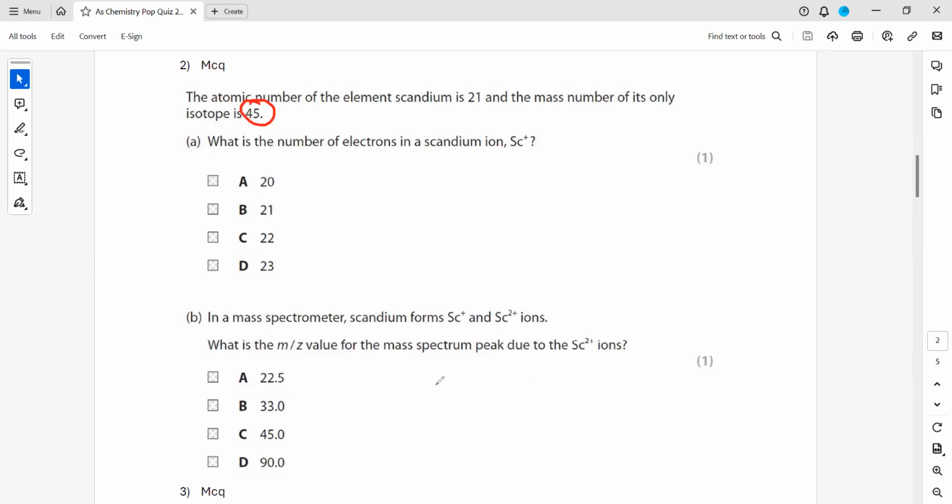And we want the m/z ratio. So this will be 45 and the charge is 2 plus. So 45 divided by 2, it will be 22.5. So 22.5 matches with option A.